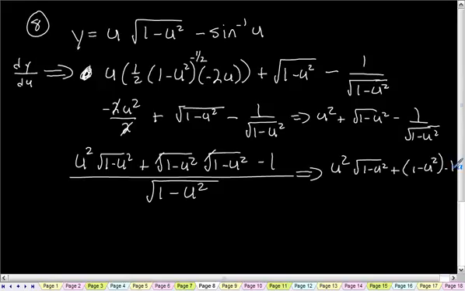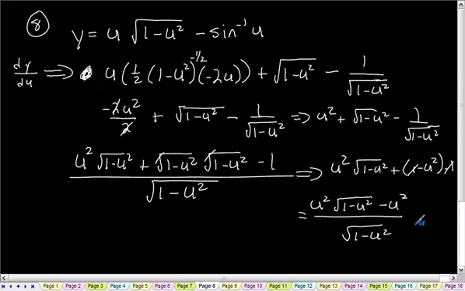Notice what happens to the 1 and the negative 1 out here. Boom, boom. So I'm left with negative u squared minus u squared all over the radical of 1 minus u squared. As far as I would take it.